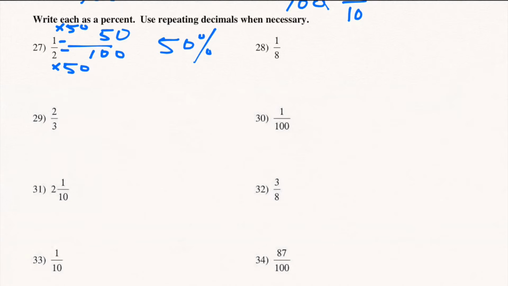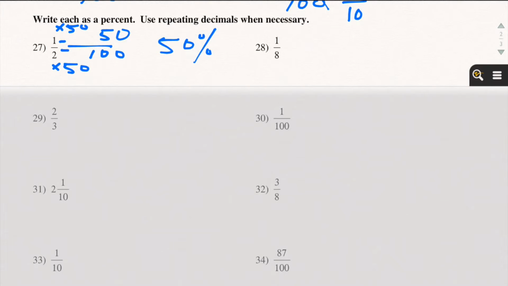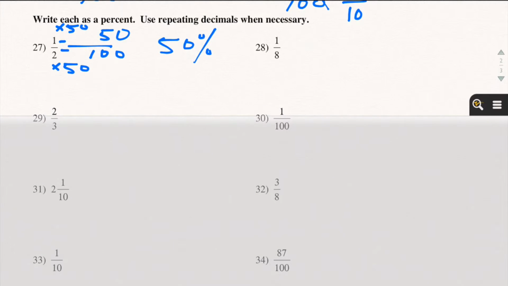So this method wouldn't be efficient in number 28. What we can do is a different method in 28 where we are essentially doing division. So we have the 8 on the outside and then a 1 on the inside. Bring the decimal up, add a 0. 8 goes into 1 0 times, 8 goes into 10 once. 1 times 8 is 8.